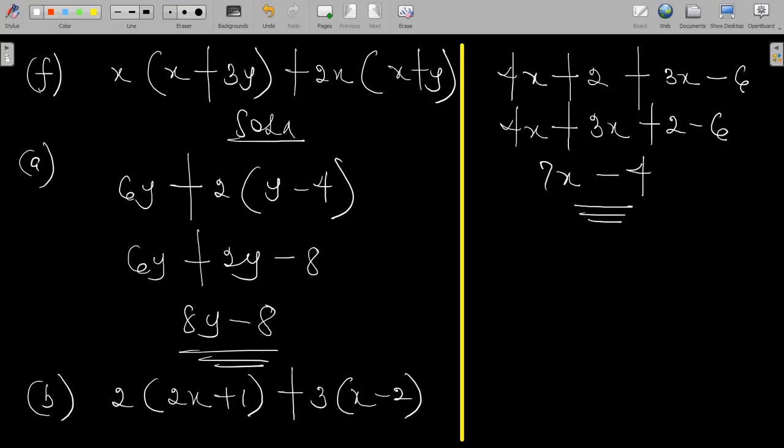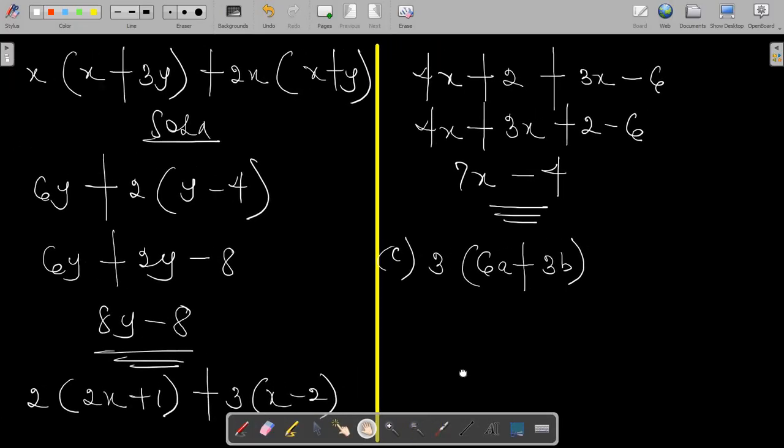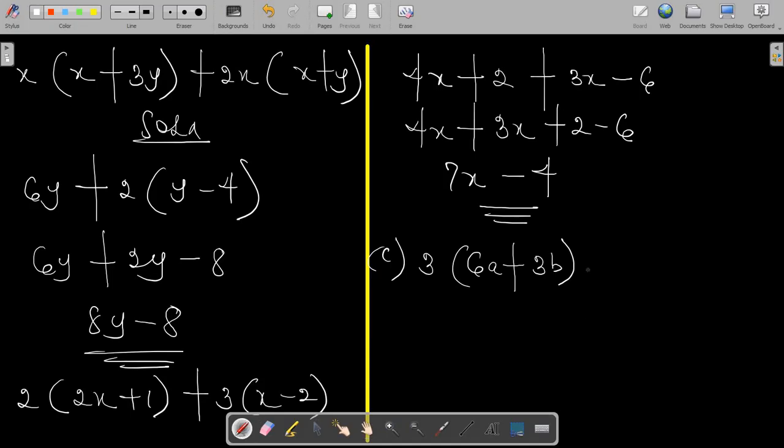Now let's move on to the third question. So we have number 3. I'm sure you have the question in your book. So the C part of the question, we are given 3 into bracket 6a plus 3b. Then this one here is plus 5 into bracket 2a minus b.